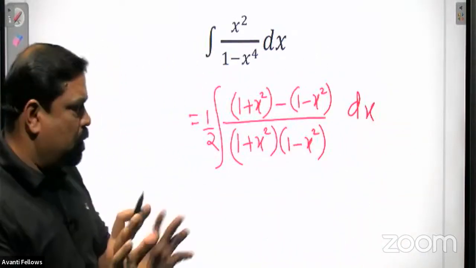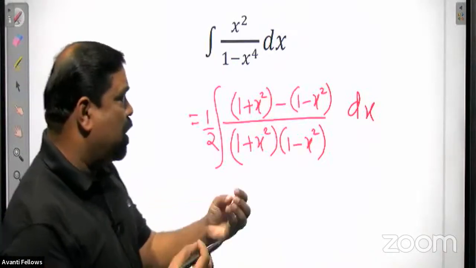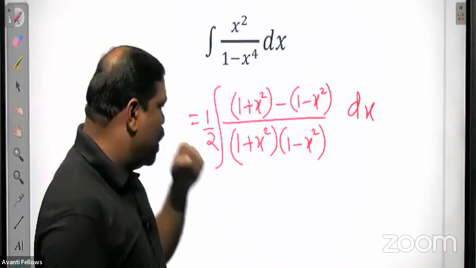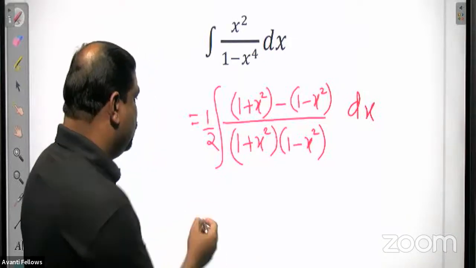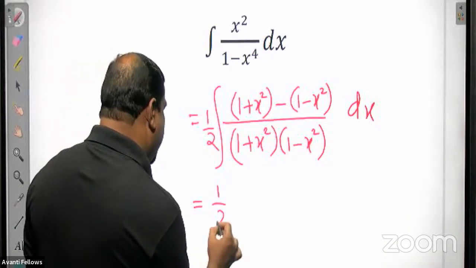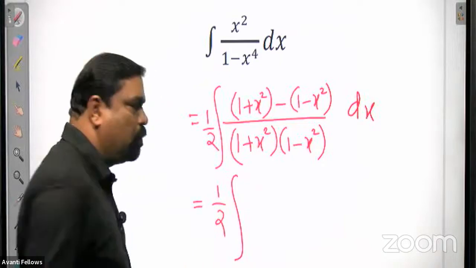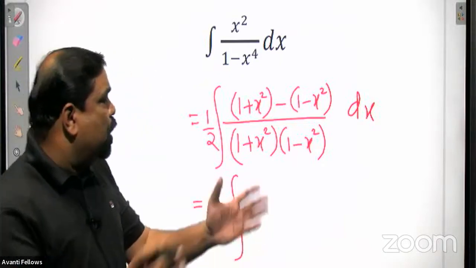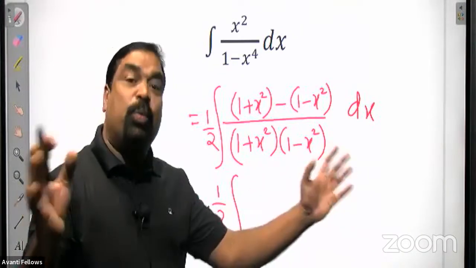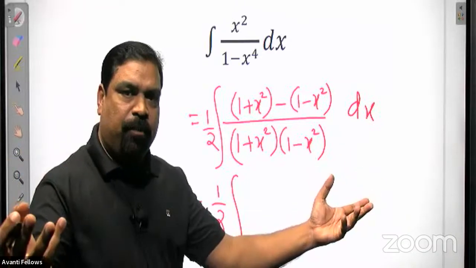A modification, some manipulation in the expression, okay? That's equal to 1 by 2 into... Now what is the next step? You have to separate it into two terms.